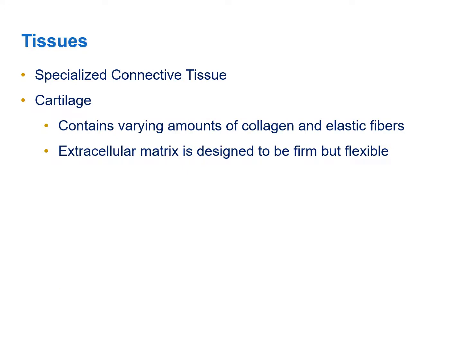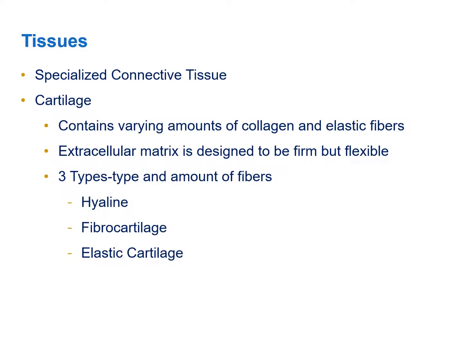Okay, so cartilage contains varying amounts of collagen and elastic fibers, and the extracellular matrix is designed to be firm but flexible. And there are three types. You have hyaline cartilage, which is found on the ends of bones, and fiber cartilage.